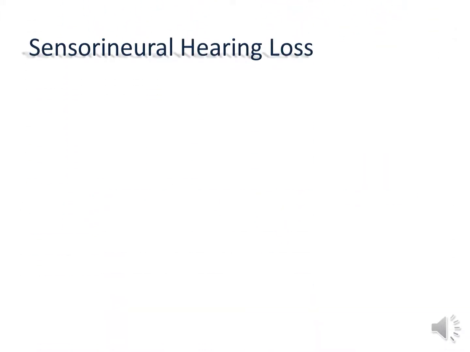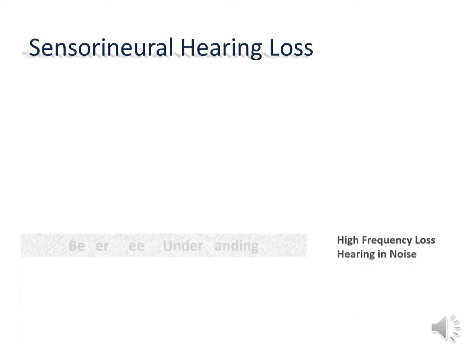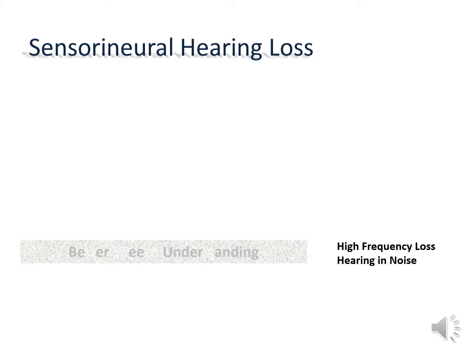The vast majority of hearing losses, though, are sensorineural, or what's referred to as nerve deafness. Now, this is how nerve deafness operates. I want you to take a look at these words. This is how somebody hears who has a high frequency hearing loss when there's noise around.